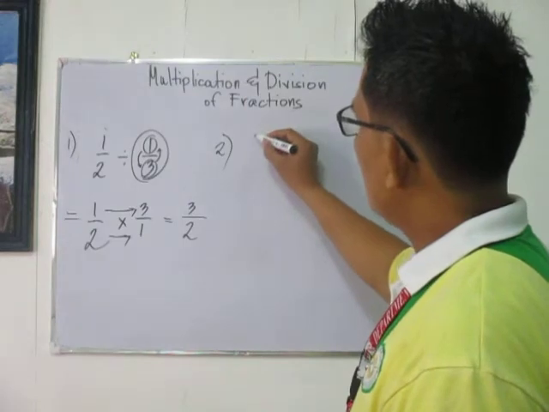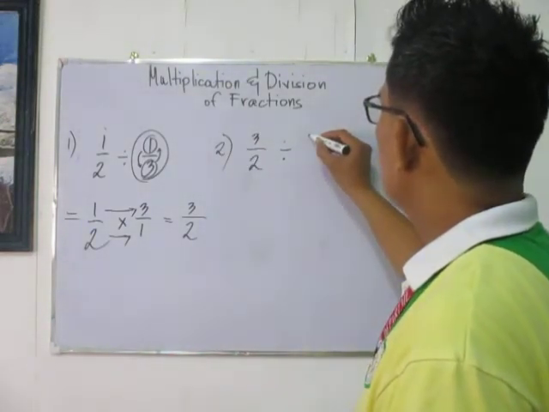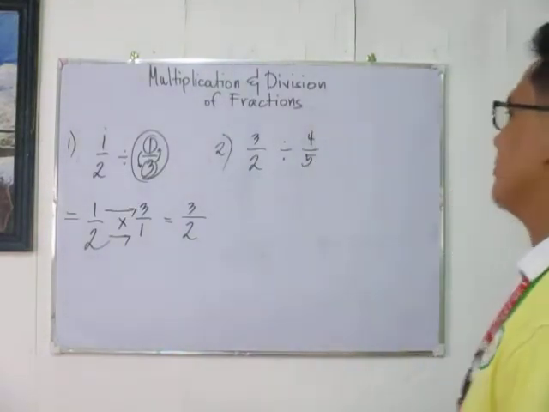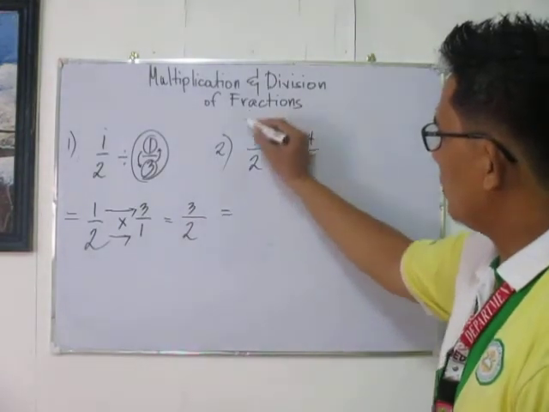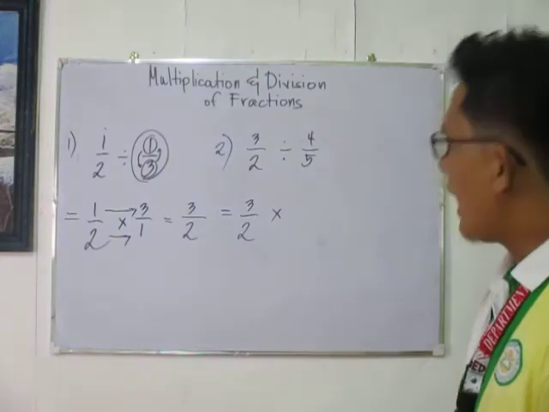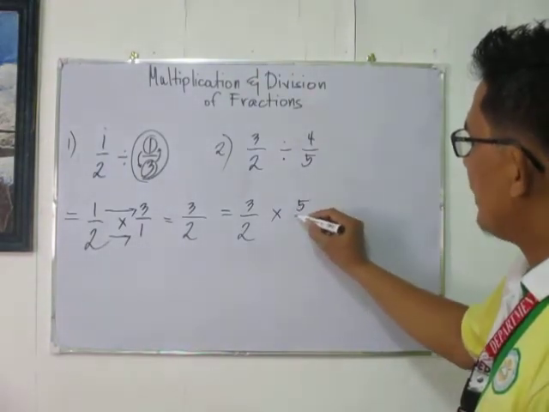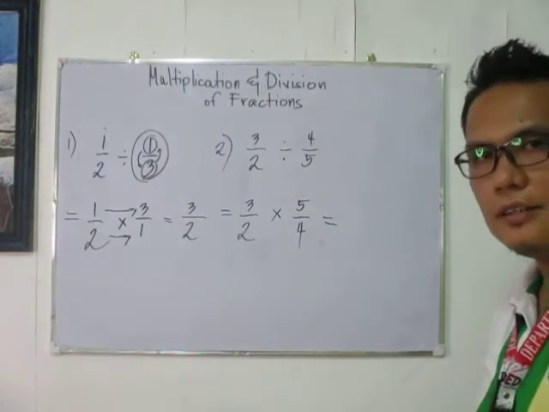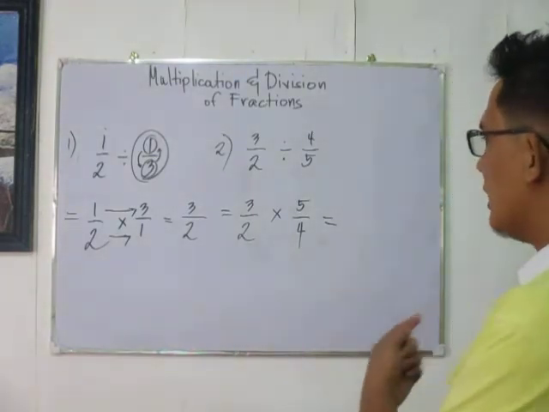So let's have 3/2 divided by, let's say, 4/5. Then again, we copy first our 3/2 times the reciprocal of 4/5, which is 5/4. Then numerator times numerator, denominator times denominator.